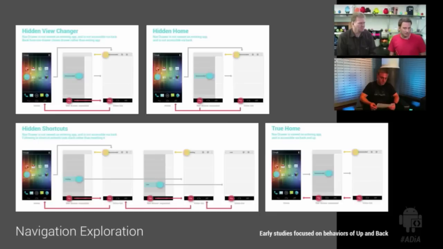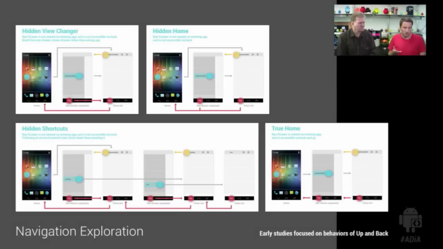Or you could even have other interactions with back where making multiple or sequential selections from the drawer could build up a continuous back state. In the end, we went with a pretty straightforward model that the drawer is invoked off the action bar's up affordance in an altered form and doesn't relate to the back button except for closing it. But we like to start with these broad explorations.